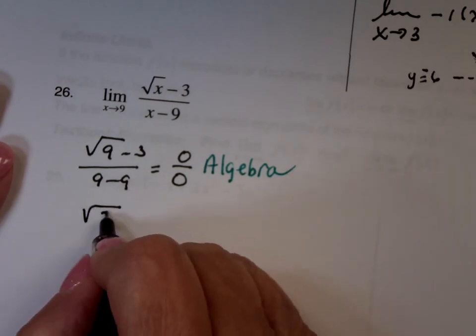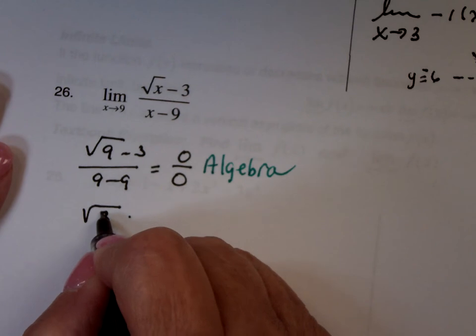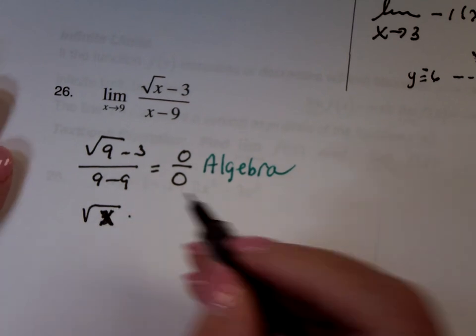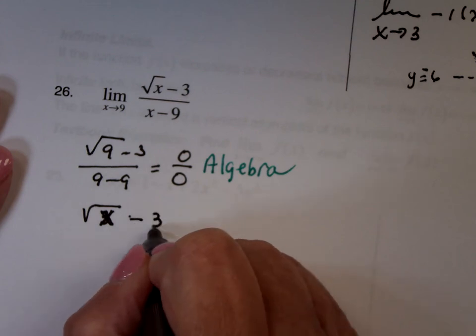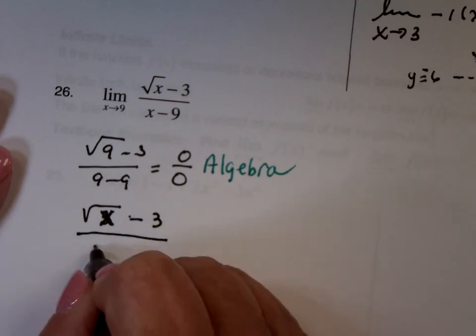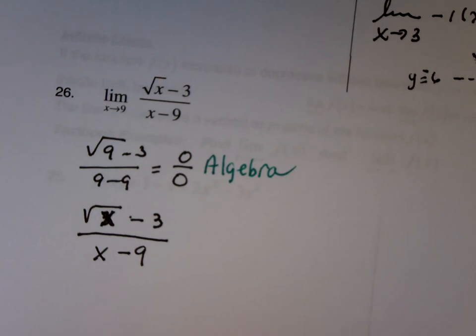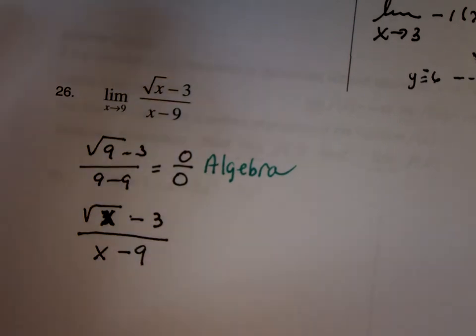By the way, some of you can be cutesy and factor the numerator as though it were the difference of squares. And I'll kind of show you that. But most of you aren't cutesy.